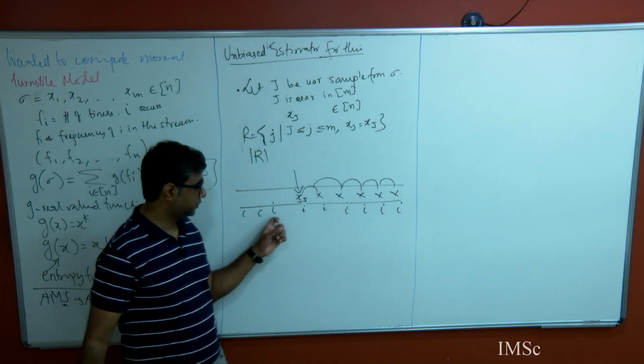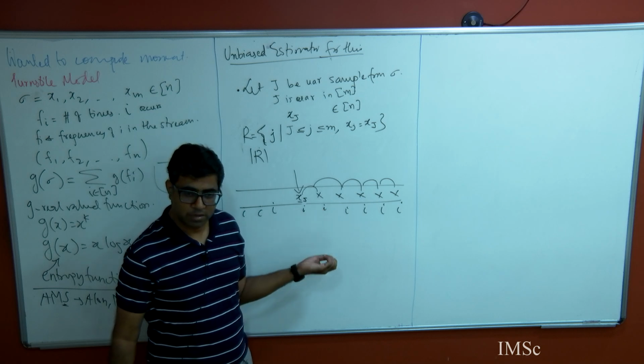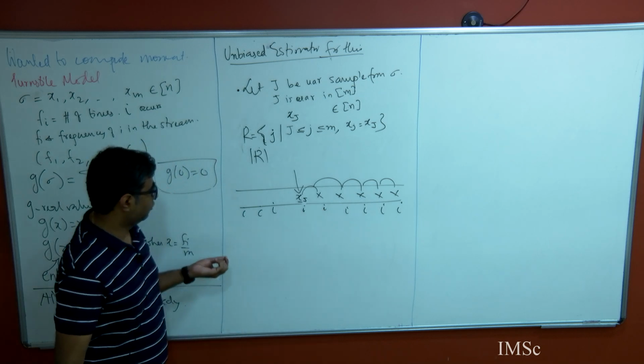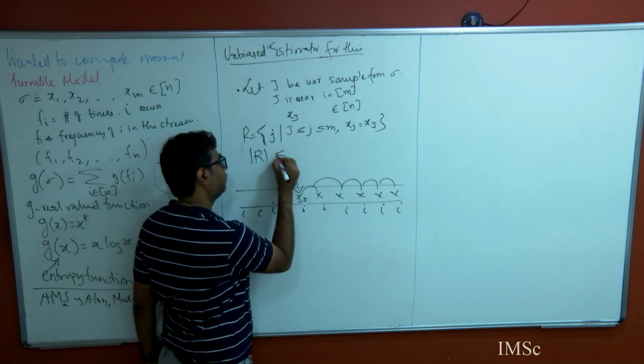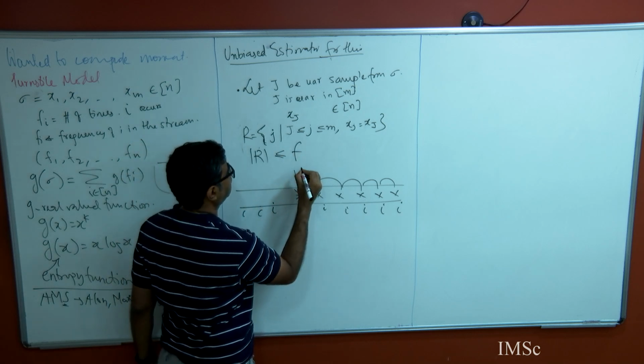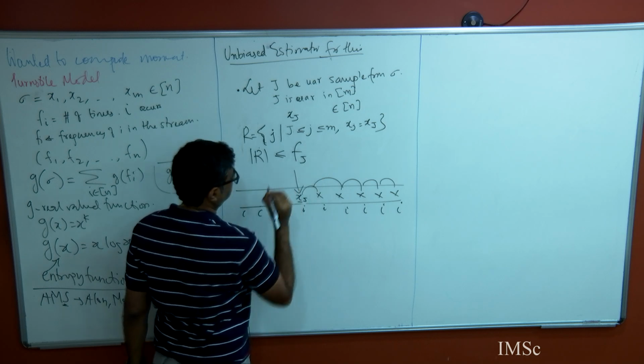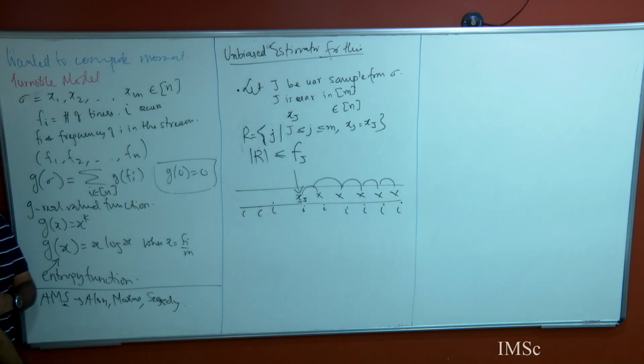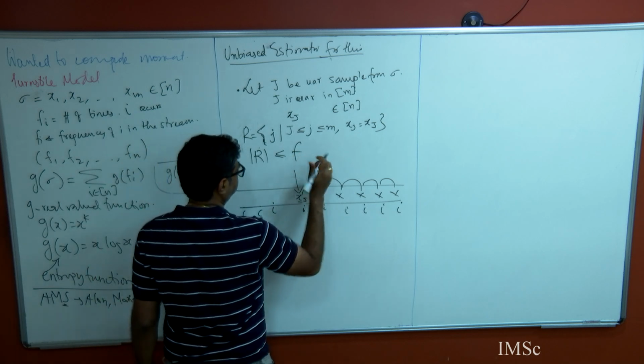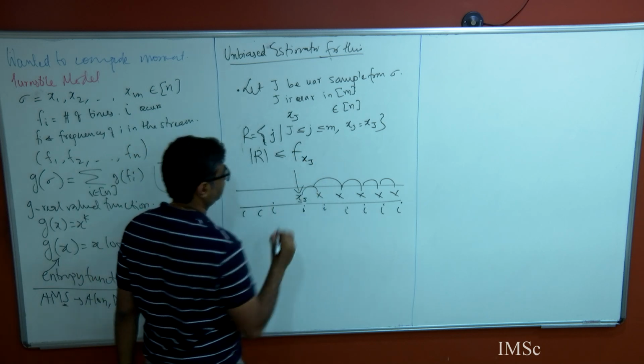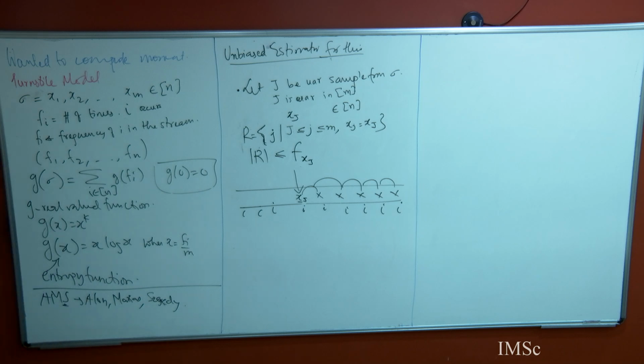And what is this? It is a frequency. So the cardinality of R is bounded by the frequency of x_J.